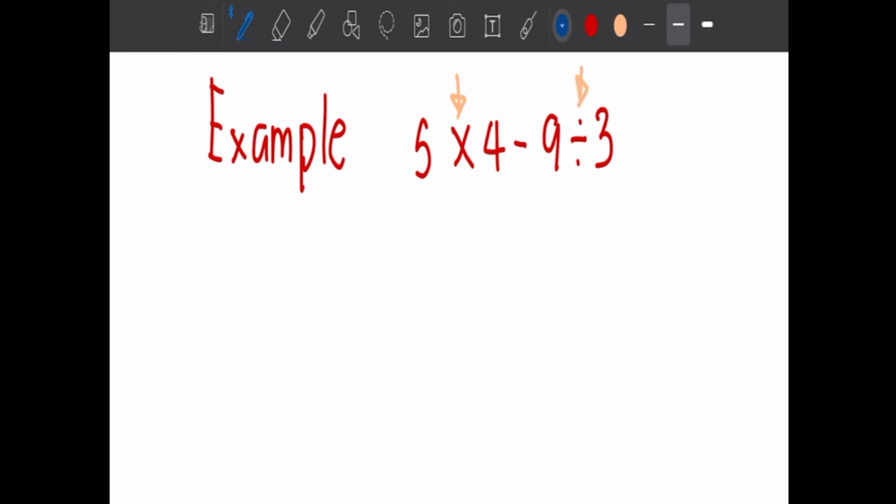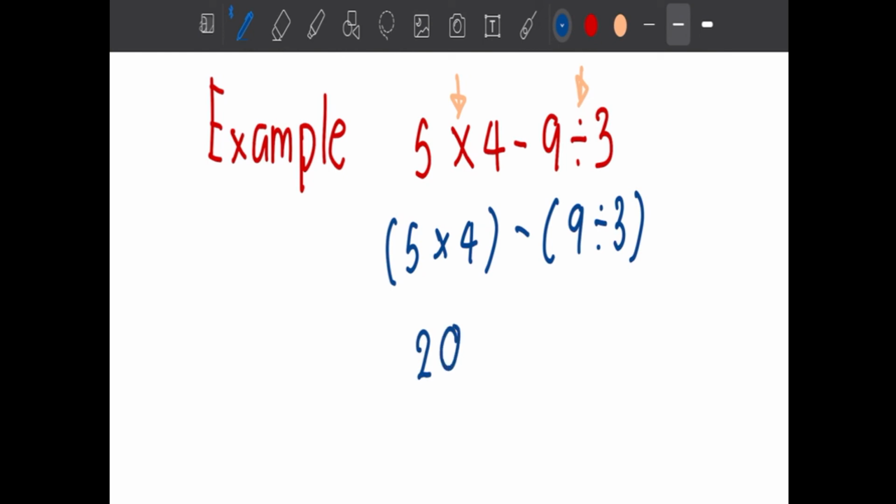So 5 times 4 minus 9 divide by 3. 5 times 4 equals 20. 9 divide by 3 equals 3.